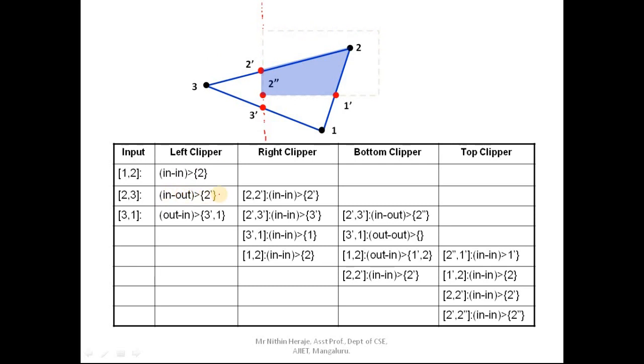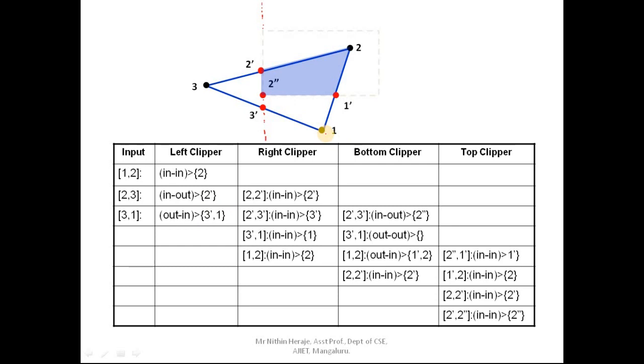Then next you have edge 3 to 1. For left clipping, 3 is outside and 1 is inside. So when it is out to in, you need to keep both the vertices, that is 3 dash comma 1.